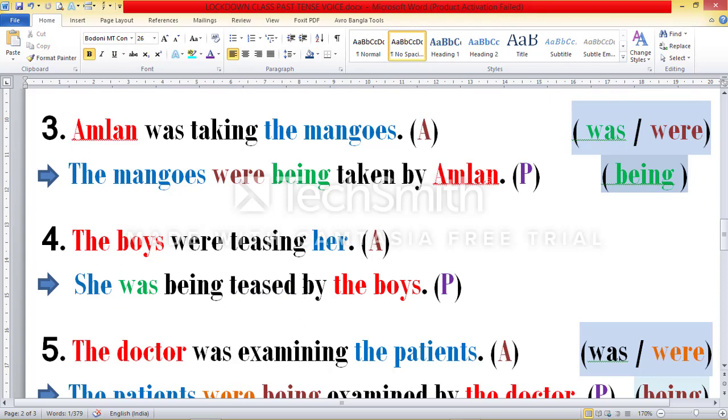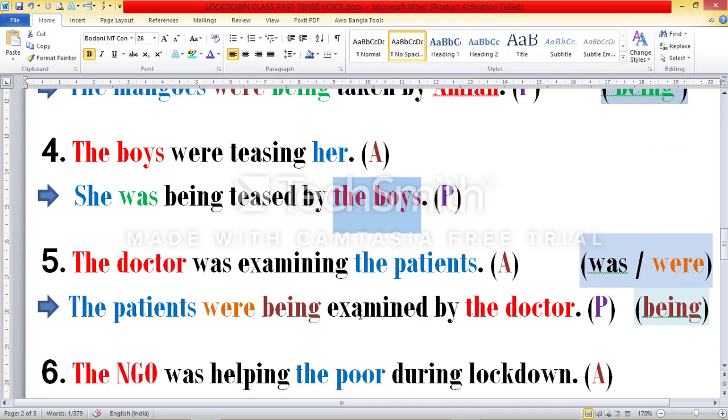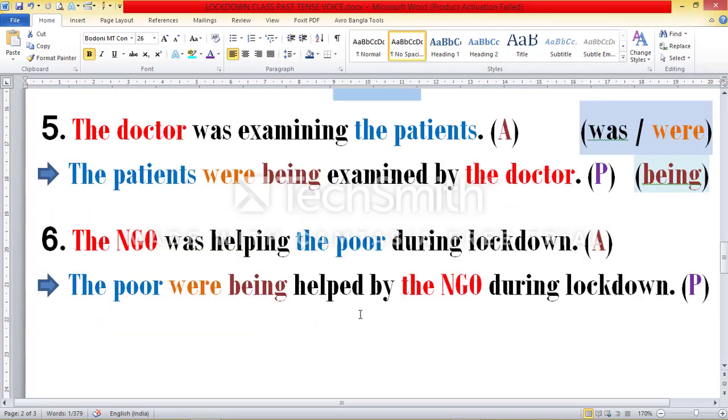Then after writing the third form of the verb, we have to put here the preposition by. So after that, the subject of the active sentence will be the object in the passive sentence. So the boys here has become object. So the passive form of the sentence, the boys were teasing her, is she was being teased by the boys. Next, let's go to the fifth sentence.